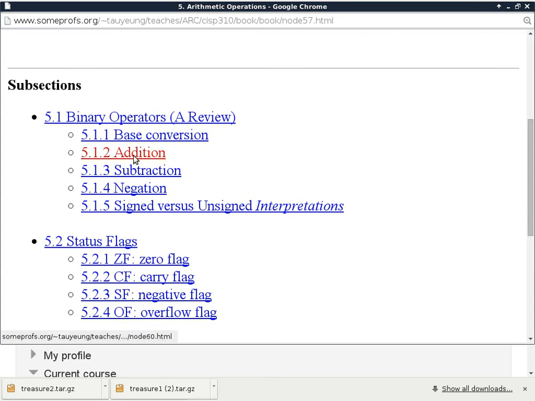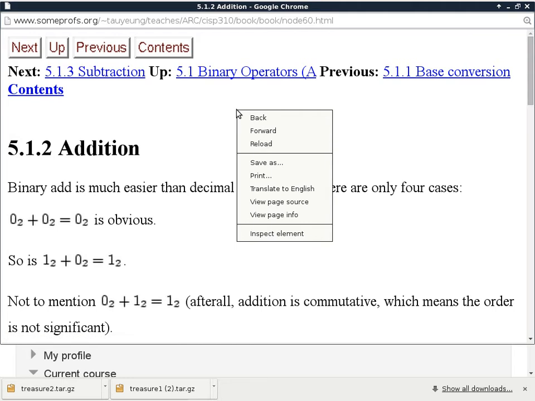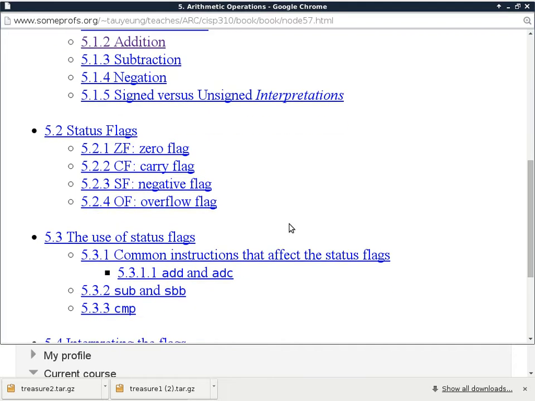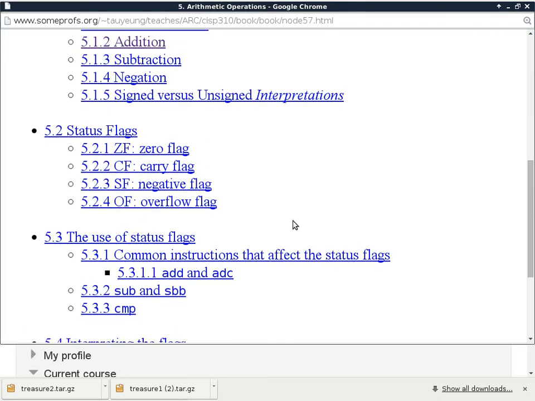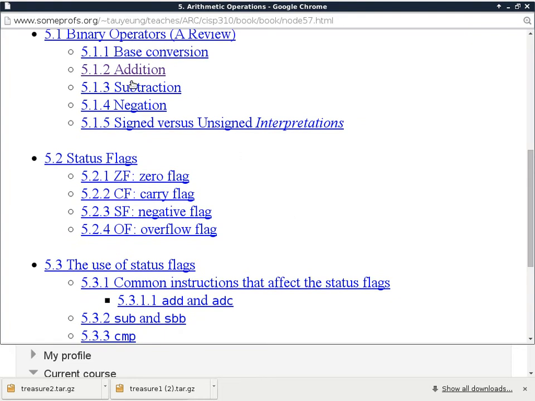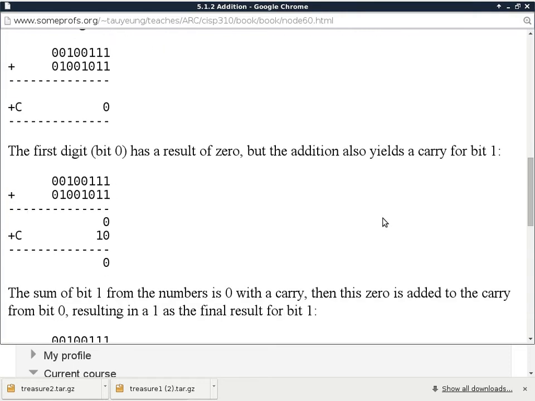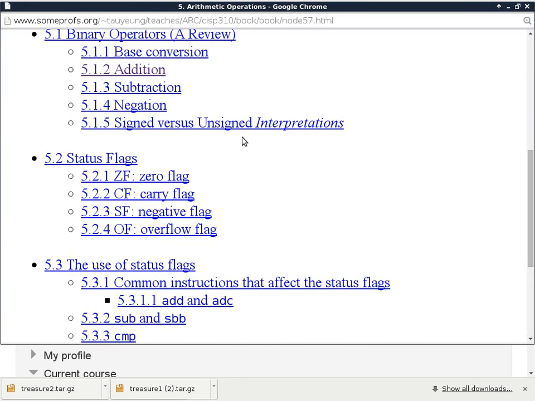So we talked about addition. I don't think we have to talk about this again because we have already done it many, many times. The add instruction is discussed. I'm trying to look for where I talk about the add instruction. It's just addition in terms of concept.